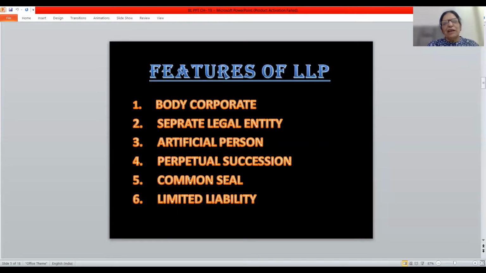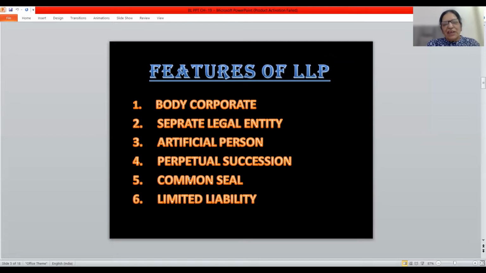Features of LLP. Now friends, I would like to share with you, sometimes a question is asked in the examination: describe the salient features of LLP. As far as salient features of LLP are concerned, friends, there are 6 points. All the points which are before you on the slide: body corporate, separate legal entity, artificial person, perpetual succession, common seal, and the last is limited liability.